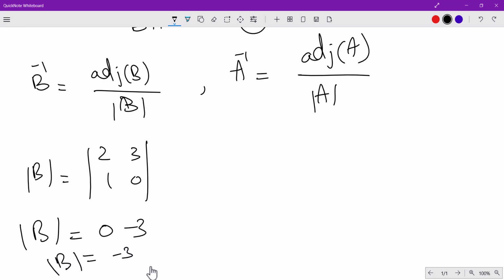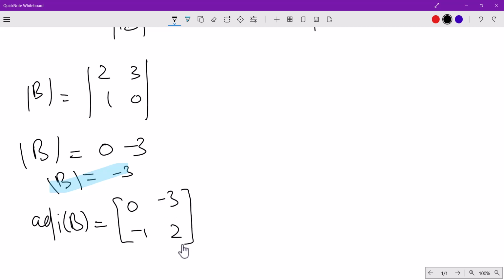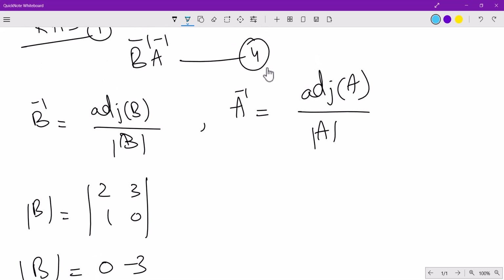The adjoint of B is equal to [0, -3; -1, 2].